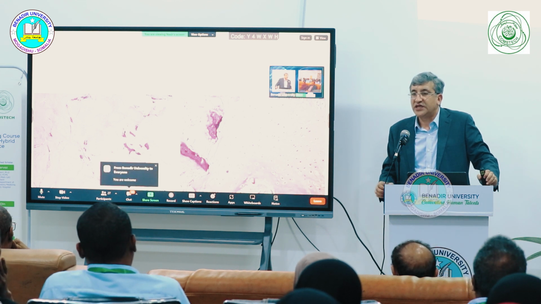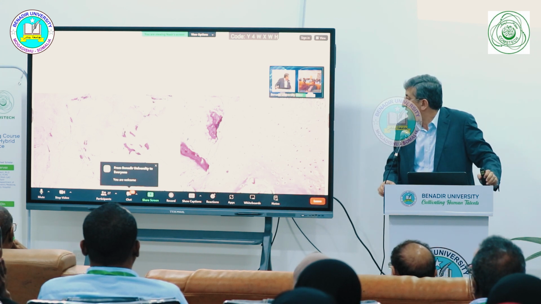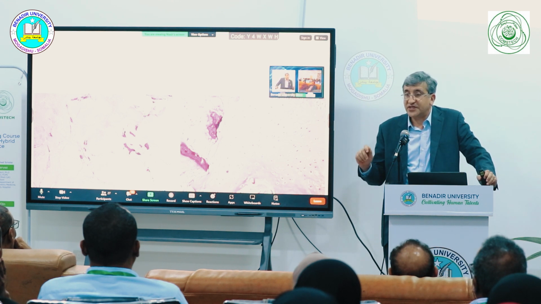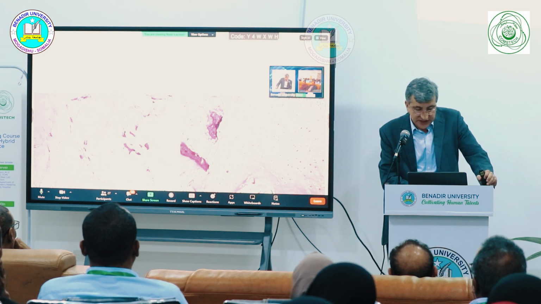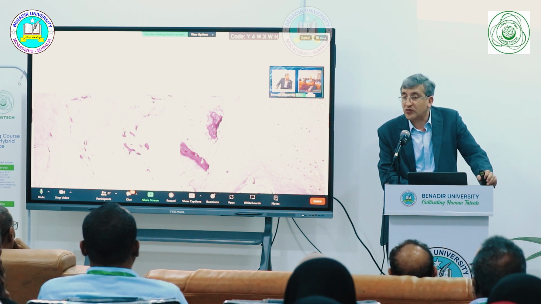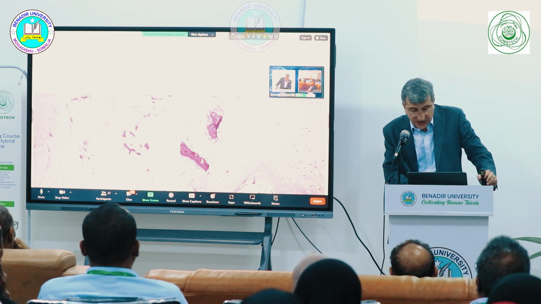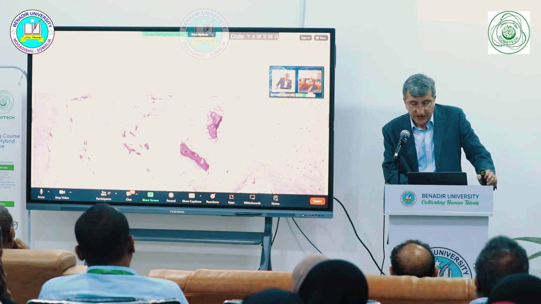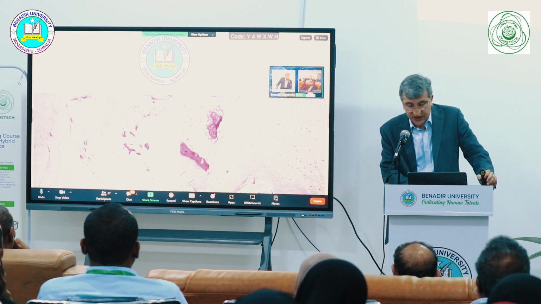Cartilage forming tumor. So cartilage looks blue under the microscope, and fortunately this biopsy was adequately sampled, and you see some native bone trabeculae here. And the tumor is infiltrating in between these bony trabeculae, which is called encasement or infiltration.